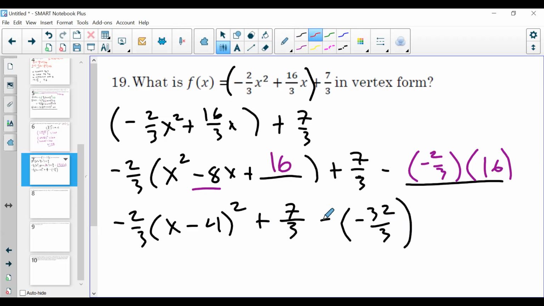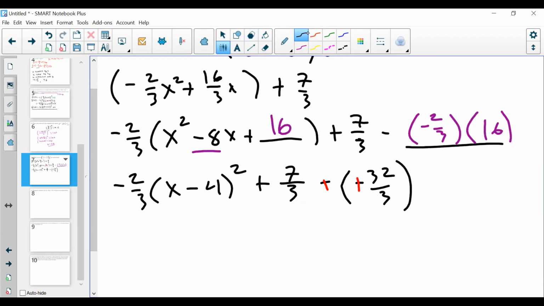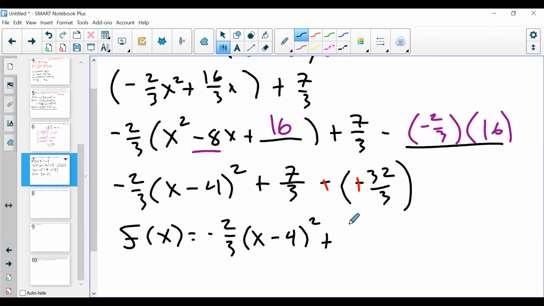And this ends up just adding these two together to give you that f of x is negative 2 over 3 times x minus 4 squared plus 39 over 3, which just reduces down to 13. So you have 39 over 3. That just becomes 13. That's going to be your answer.